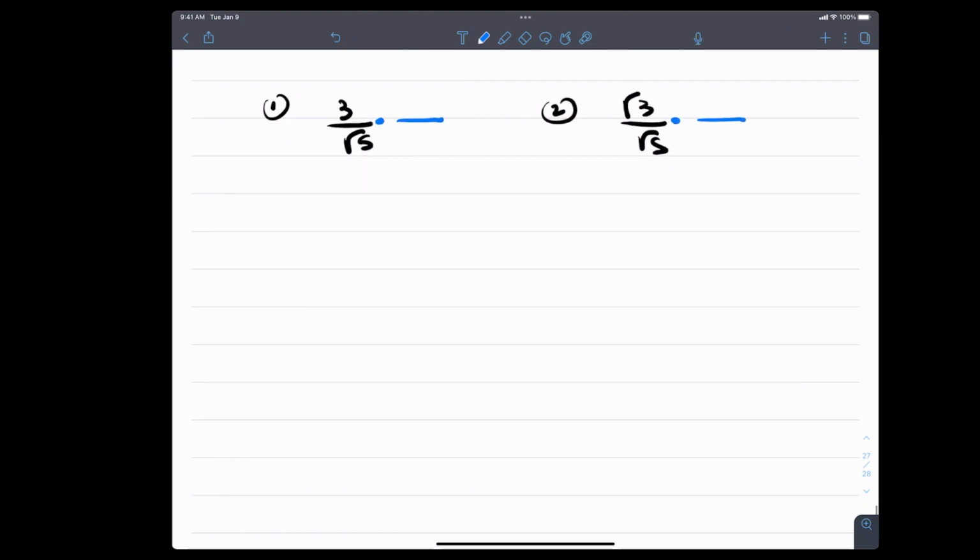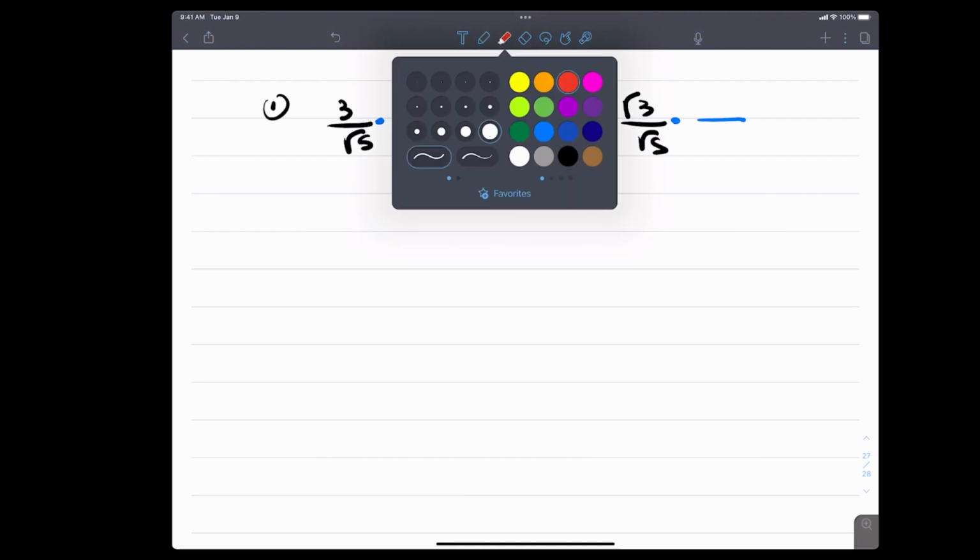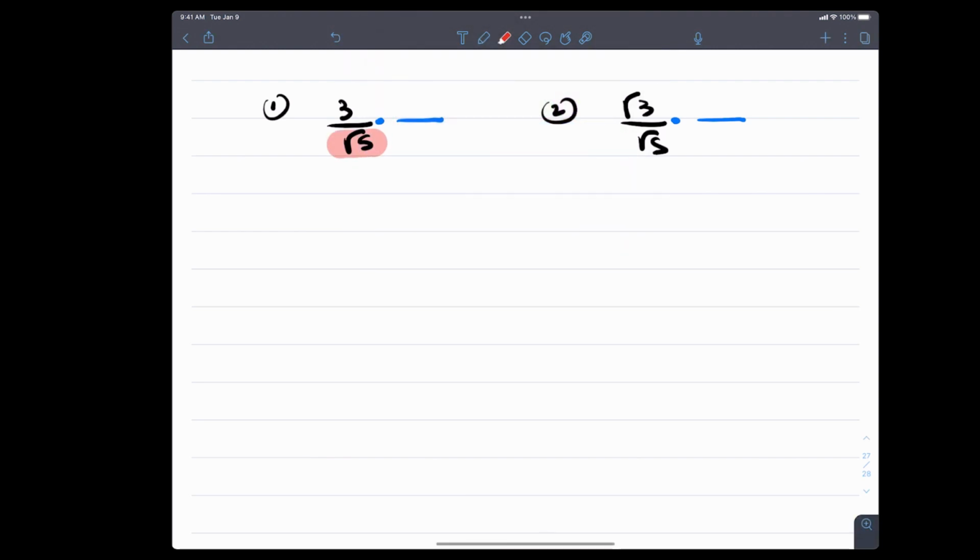So what did we see last week we had to do? Remember? There's a single radical down here, a single radical down here. You are dividing, but this is also known as rationalizing the denominator.